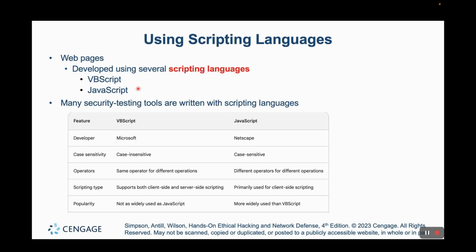The JavaScript can be used to create dynamic web pages that change the content based on the user input. By the way, many security testing tools are written in scripting languages, and here is just a quick overview so you can learn the difference between Visual Basic Script and JavaScript.